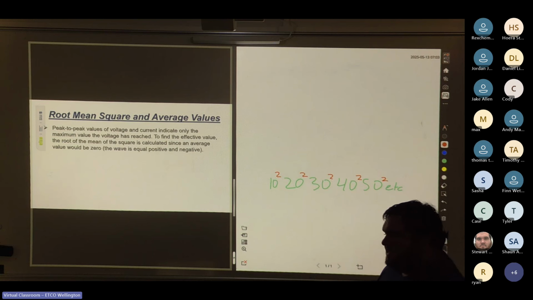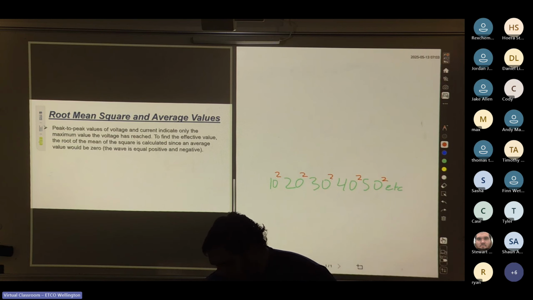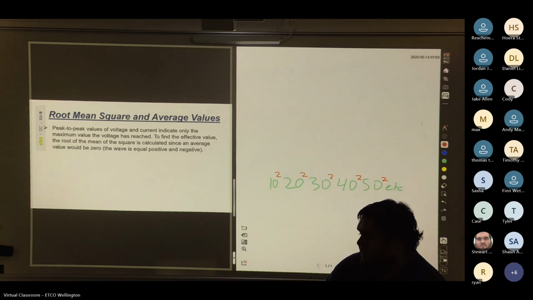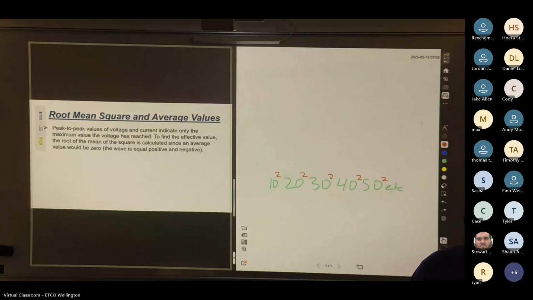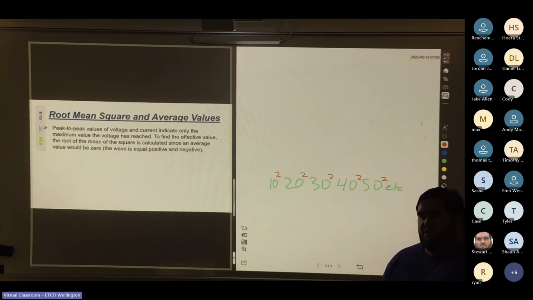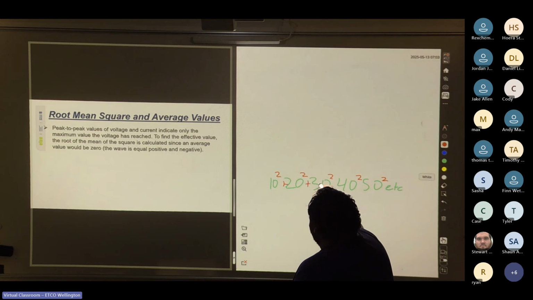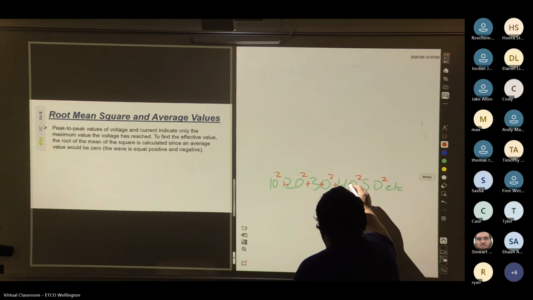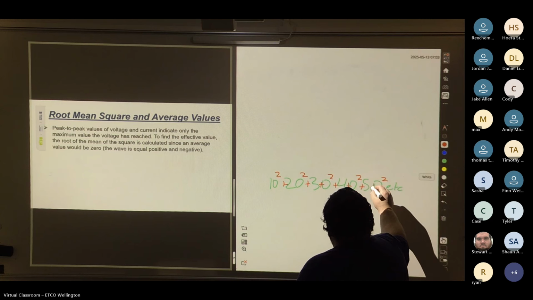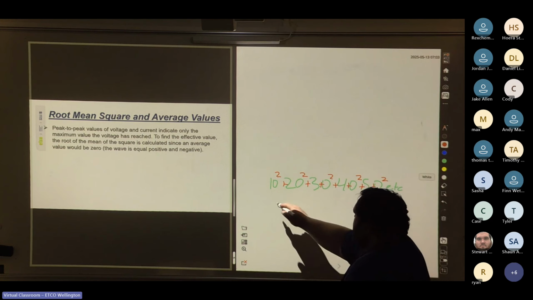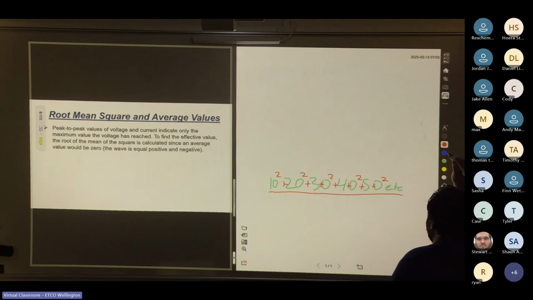So what happens to a negative value when you square it? Yeah, it becomes positive. So we did then add them all together. And then we divided it by what?